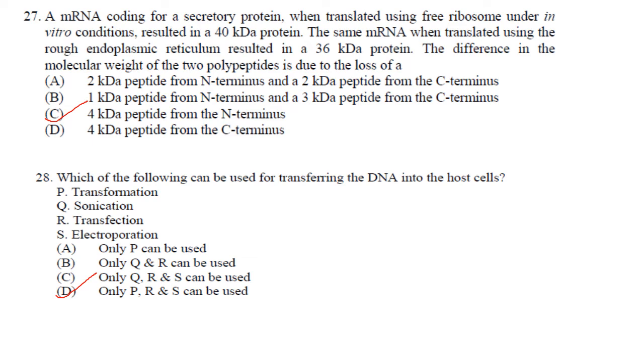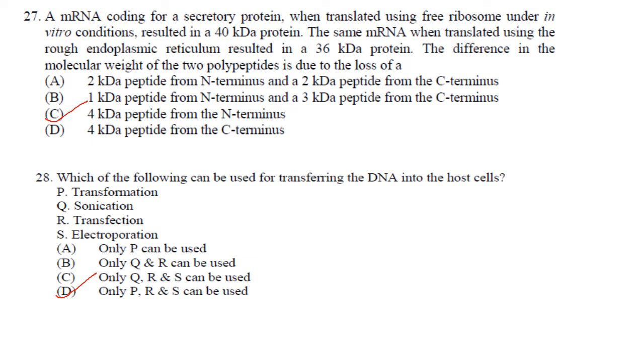The difference in the molecular weight of the two polypeptides is due to loss of... In all the proteins that enter the secretory pathway contain an endoplasmic reticulum signal sequence that is normally present at the N terminus.